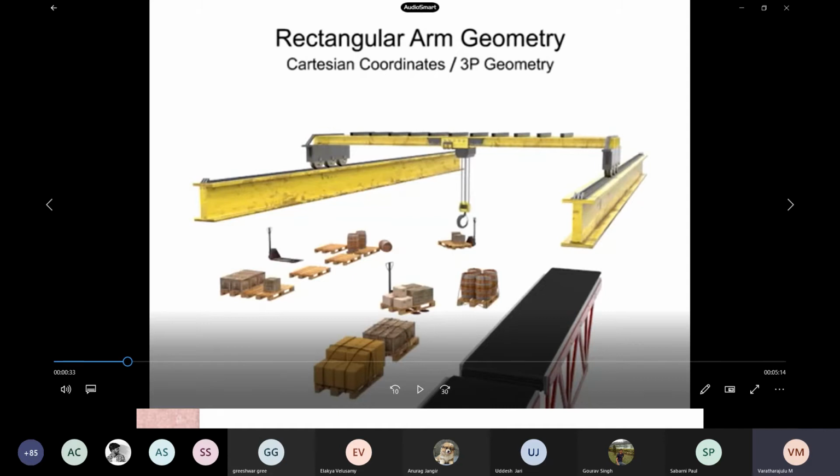The prismatic pair we need to term as P, and that also has 1 degree of freedom. The cylindrical pair has to be written as C, and it has 2 degrees of freedom. The spherical pair has 3 degrees of freedom. The hook joint, I think I didn't talk about; I'll tell you what it means, and it has 2 degrees of freedom.